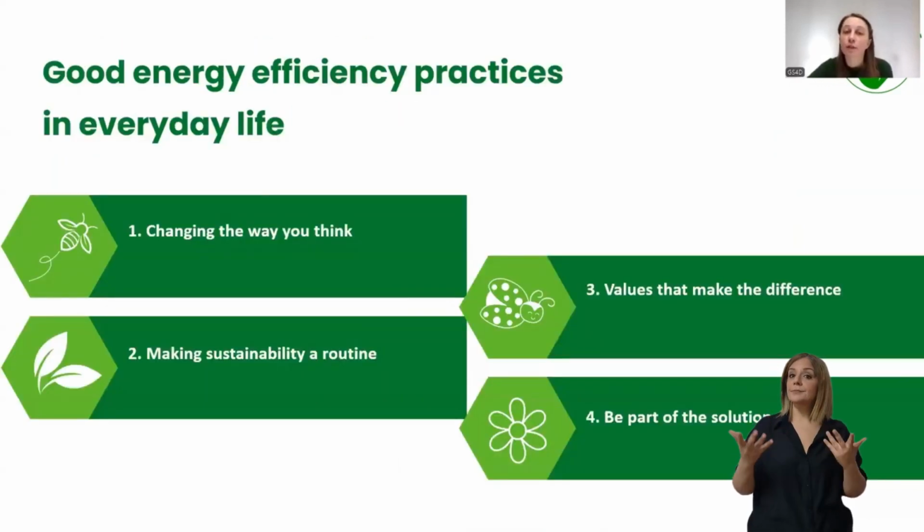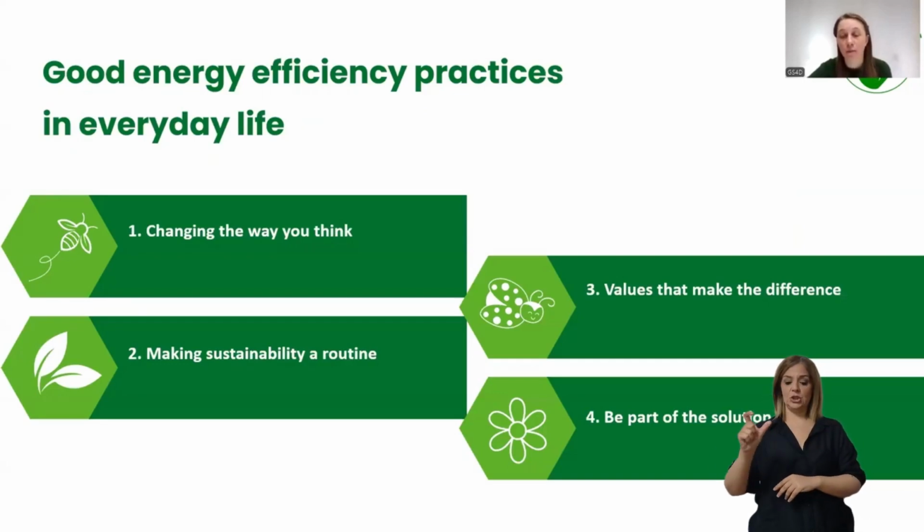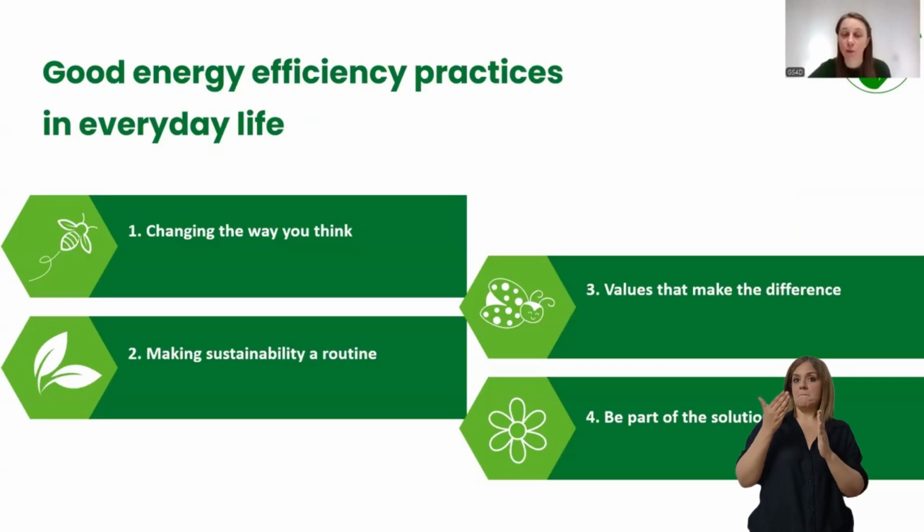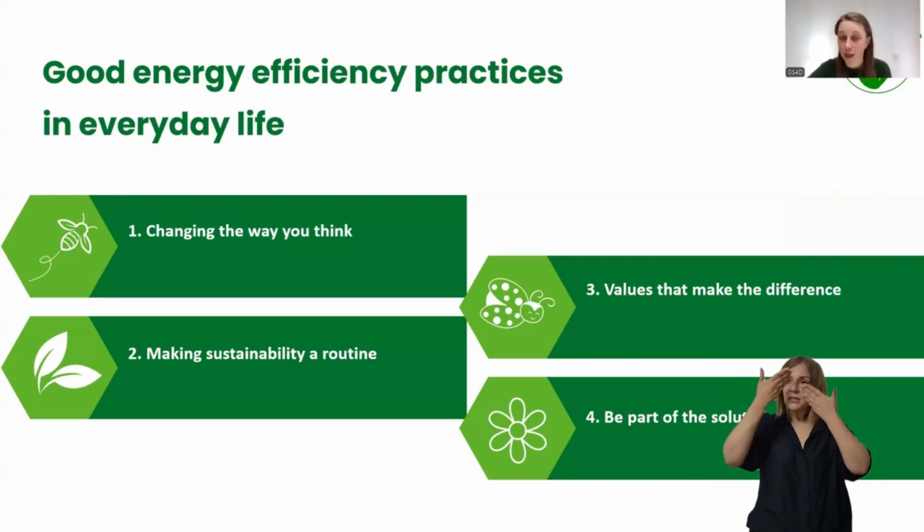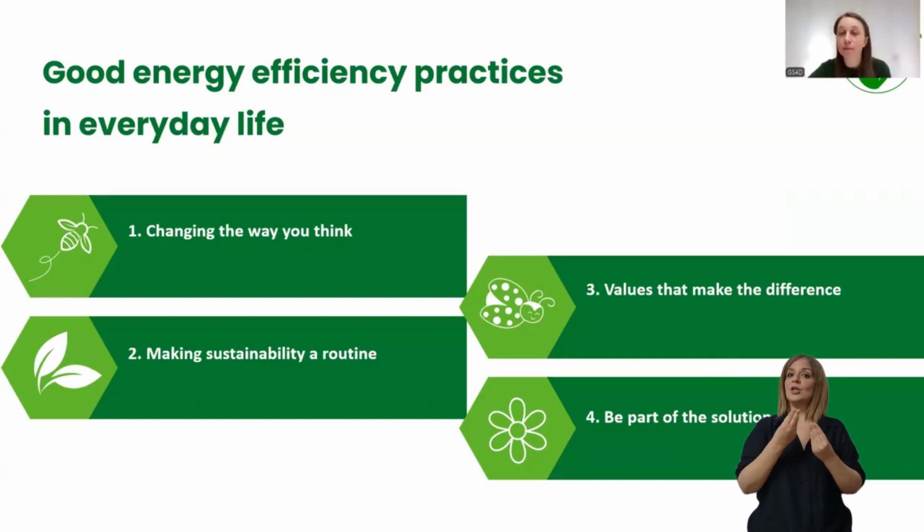So, good energy efficiency practices in everyday life are mainly four. Changing the way that we think, being more open-minded and changing our mindset, making sustainability a routine. It means making it part of our daily life and our way to behave.